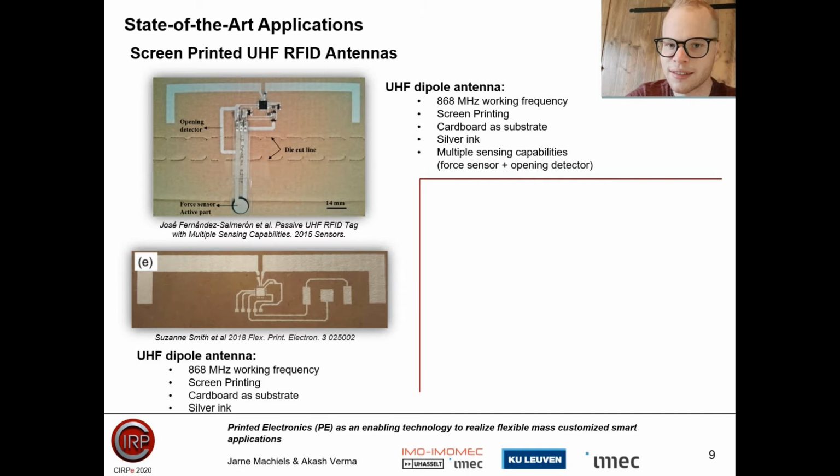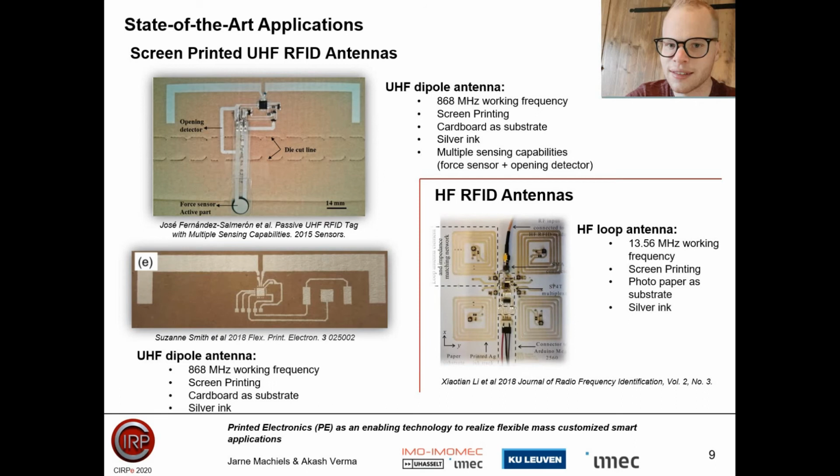Now, I would quickly show some state-of-the-art applications of printed RFID antennas. Both references show a dipole antenna at 868 MHz working frequency, screen printed with a conductive silver ink on a cardboard substrate. The first demo even has some sensing capabilities, as a force sensor and opening detector. For high-frequency RFID antennas, Lee et al. were able to print a functional antenna on thick-coated photo paper by screen printing a silver ink.